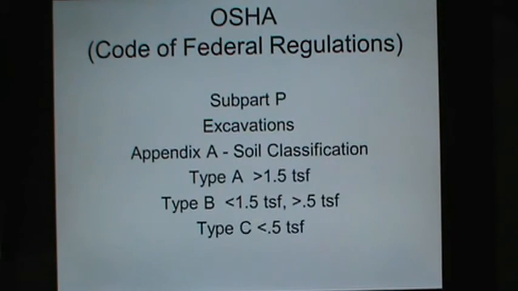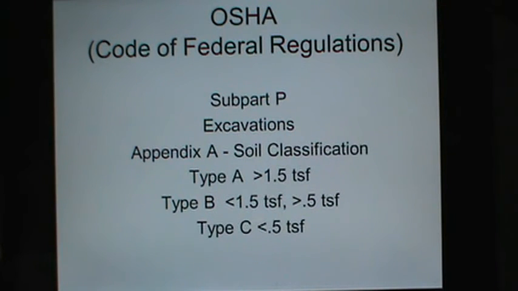Now we're going to talk about type A and type B and type C soil for a few minutes. It says under Appendix A, now this is in Appendix A, and that should be right after what you just highlighted. It says in Appendix A, as you go down just about a full column, that type A is a cohesive soil with an unconfined compressive strength of 1.5 tons per square foot or greater.